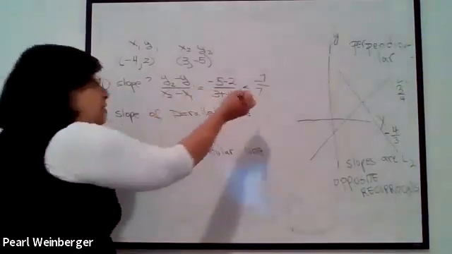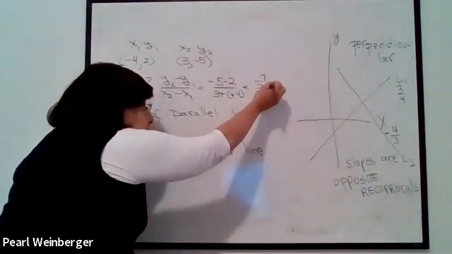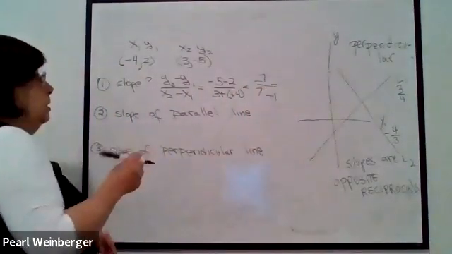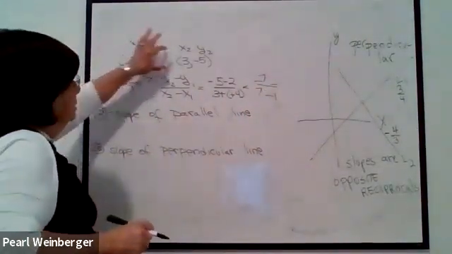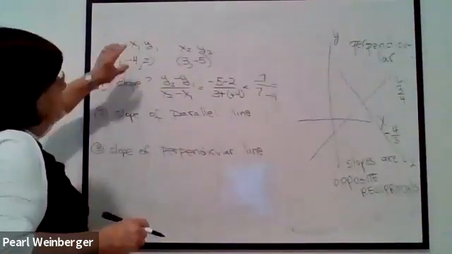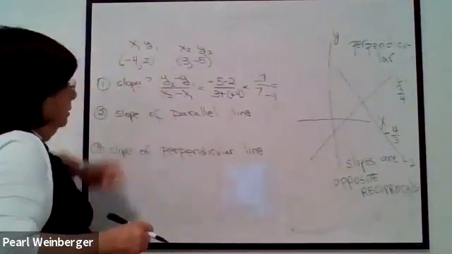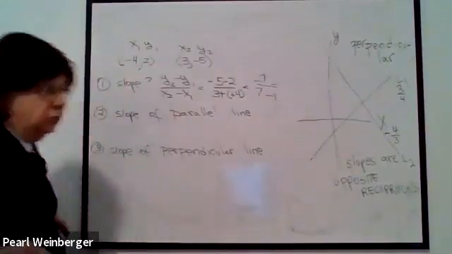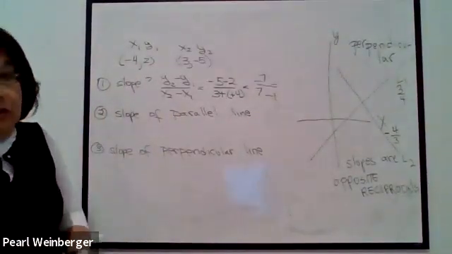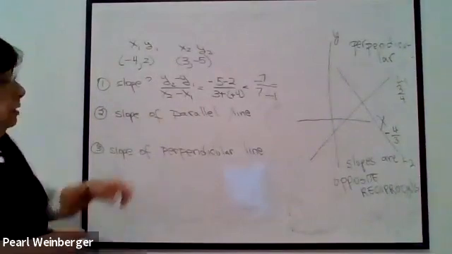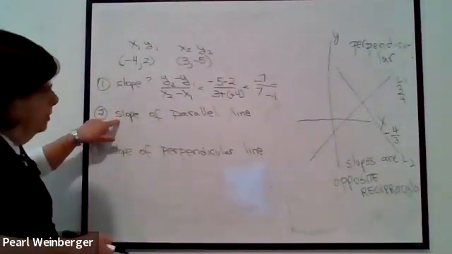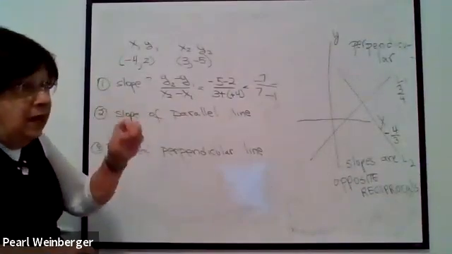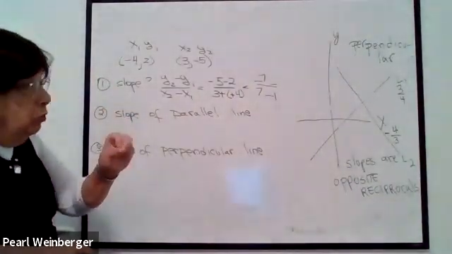Now, you want to simplify as much as you can, so that'll reduce to -1. The slope of this line between these 2 points is -1. That takes care of the first question. The next 2 questions are easy. The slope of a parallel line, remember, parallel lines have the exact same slope.